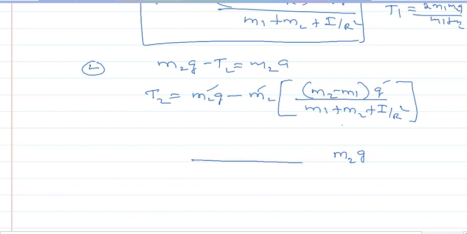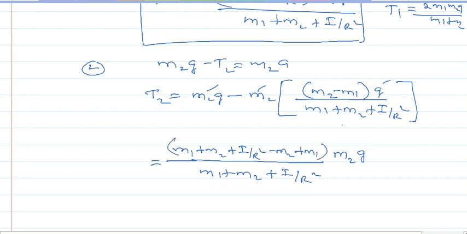What is the LCM of the system? LCM is m1 plus m2 plus I by r square. And here we are left with this 1, and this denominator comes here. So I can write m1 plus m2 plus I by r square, and minus of m2, minus into minus plus m1. So minus m2 plus m2 gets cancelled out, m1 becomes 2m1.